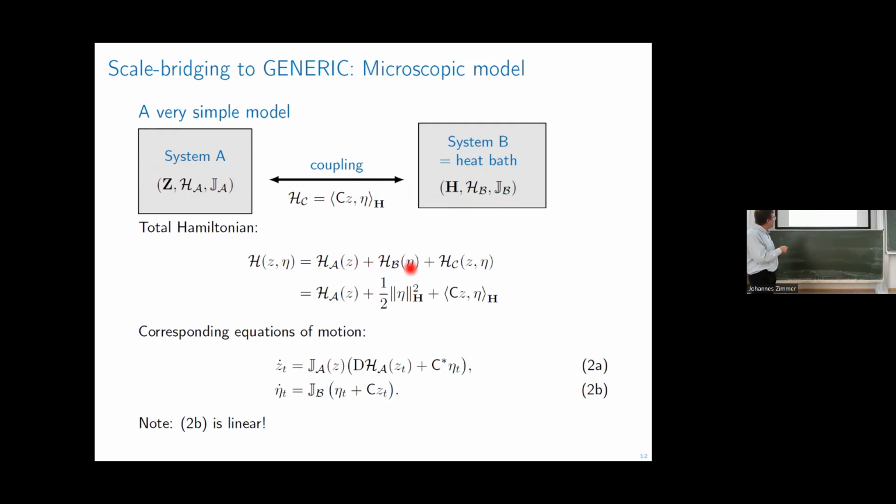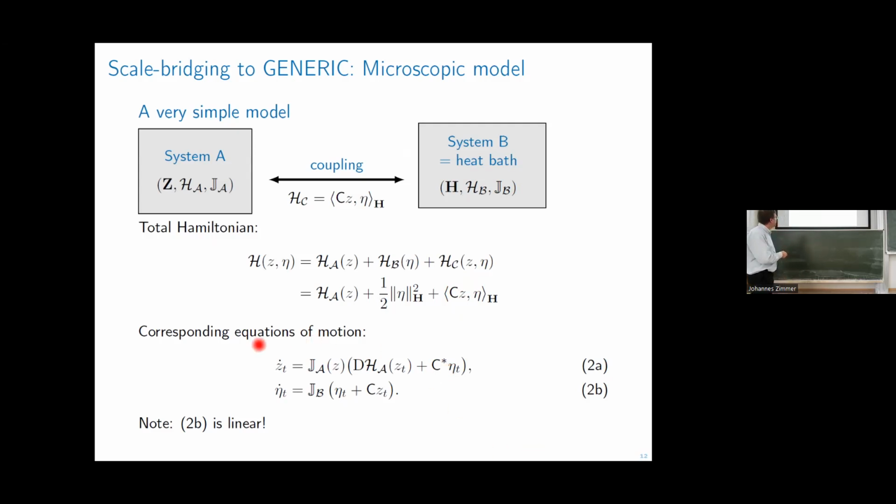So we have a relatively arbitrary Hamiltonian for the molecule. With the heat bath, it's exactly as in the example before. We take the L2 norm, exactly as it was in the case of the right shift. Then we have the linear coupling. That's the system we settled for eventually.